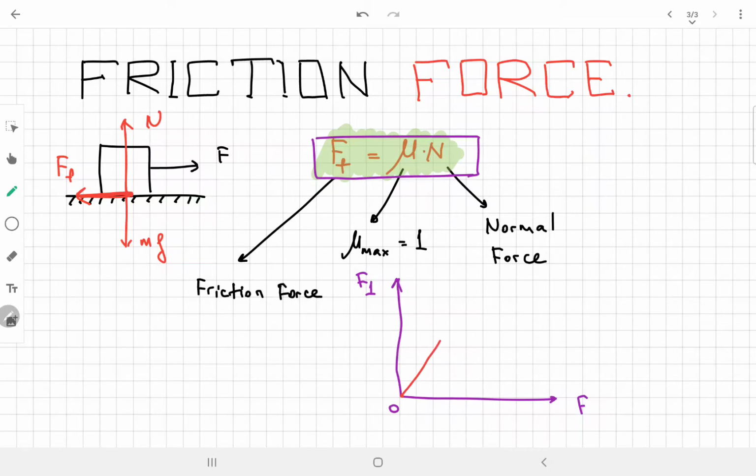And it will reach its maximum value when it starts its motion. So basically when velocity becomes greater than 0, it means friction reached its maximum value. So here at this part, no motion, or we can simply say velocity equal to 0. From here, velocity is not equal to 0 anymore because it's moving.